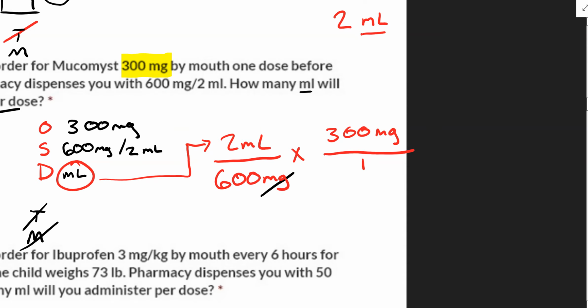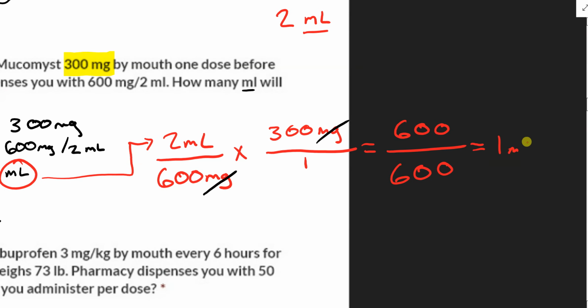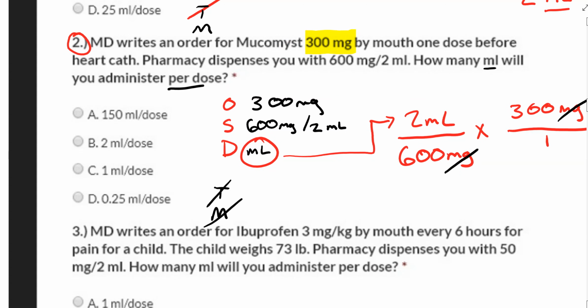So we can cancel out the milligrams, and we're left with the mLs. That's what we wanted. Let's do some math. 2 times 300 is what? That's going to be 600. And 600 on the bottom. So then that should be like 1. I'm thinking this is going to be something like 1 ml, hopefully. And so it's right there. See, that's what we wanted.